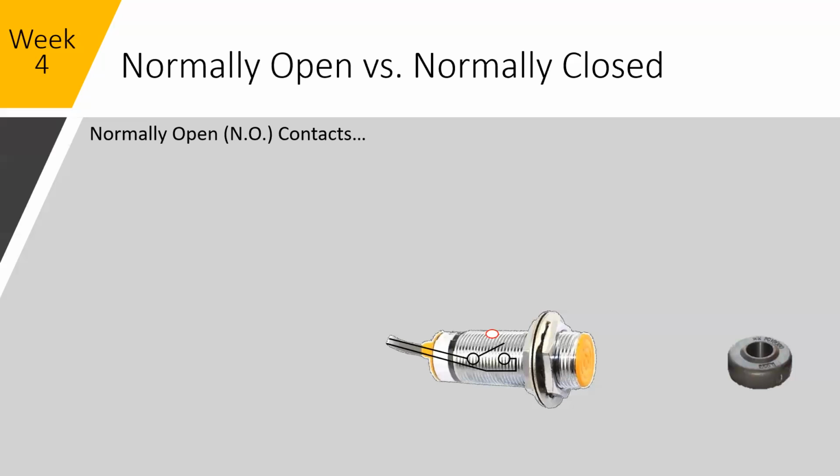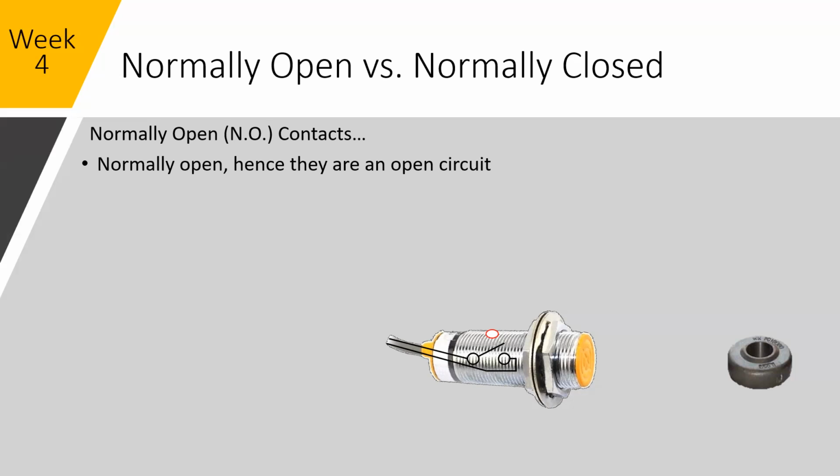So anybody who's worked in automation before, you've probably heard this, and you probably interact with these contacts all the time. So normally open contacts are contacts that in their base state are open.